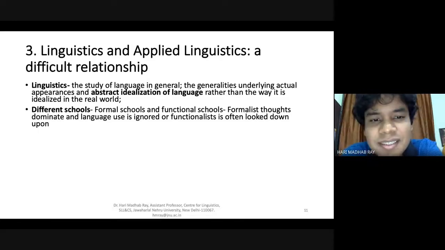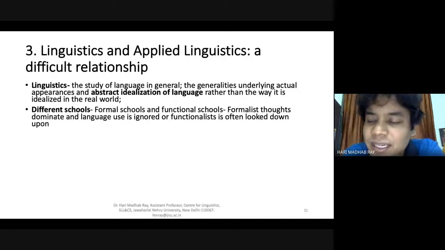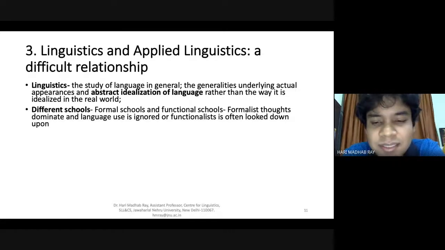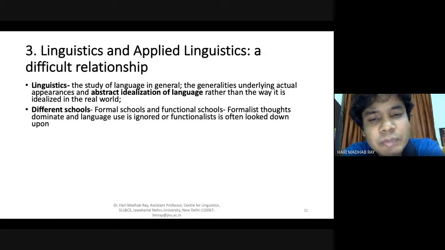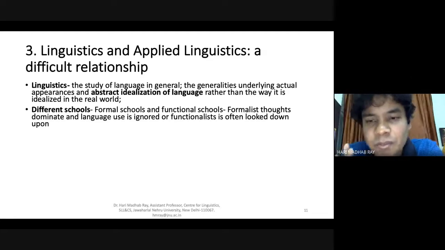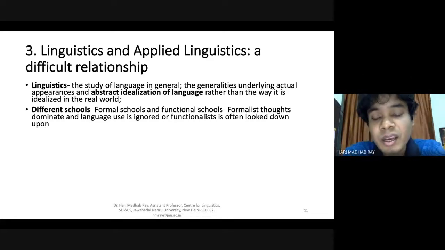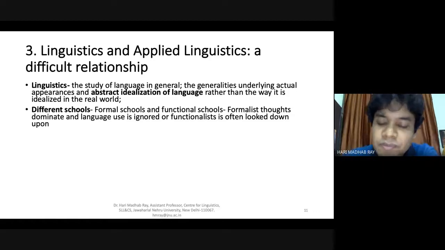If you are interested in this tradition, there is an article titled, why don't you talk to each other? And one of our colleagues from our department, Professor Pramod Kumar Pandey, is himself a formalist, but at the same time he takes the functionalist approach as well, so he tries to talk about the synthesis of these formalist and functionalist traditions.